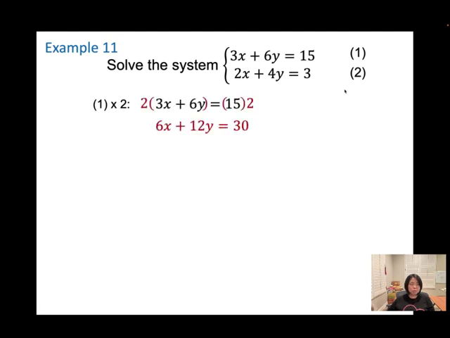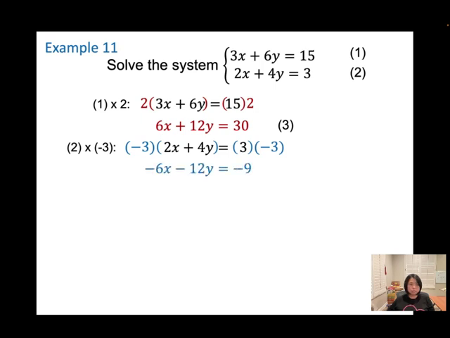And then the second equation, I'm going to times negative 3. So you should get this. And I call this equation 4. Now I'm going to add up equation 3 and equation 4 together.